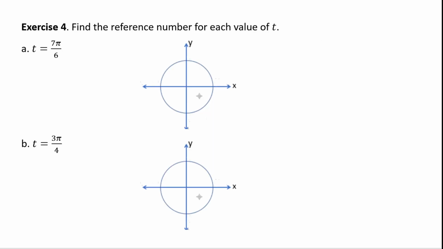Exercise 4. Find the reference number for each value of t. A. t equals 7 pi over 6. It is helpful to know the quadrant in which 7 pi over 6 lies. So let's mark the t values we already know, which are along the axes. Starts at 0.